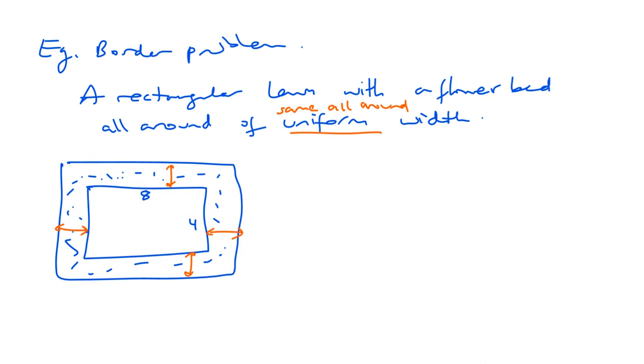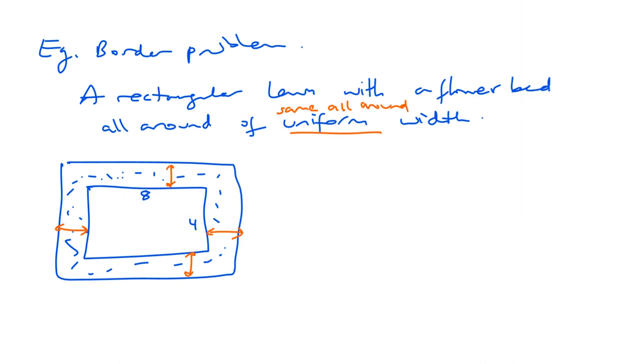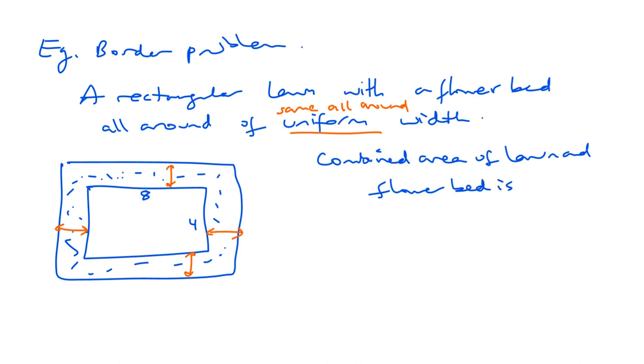And then it's saying, what is the width of the flower bed if the combined area of the lawn and the flower bed is 165 square meters. Okay, so this is what they're telling us: the combined area of the lawn and the flower bed is 165 meters squared. And they're asking how wide is the flower bed.